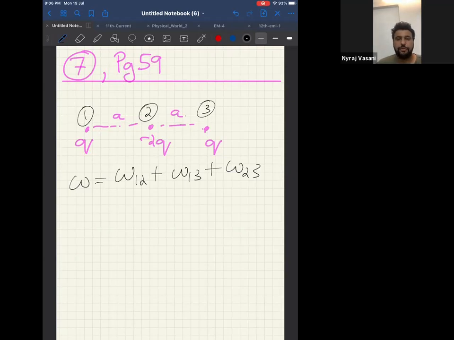Let me start. Now, what is the formula for work done? It is W equals 1 by 4 pi epsilon naught Q1 Q2 by R. Correct?